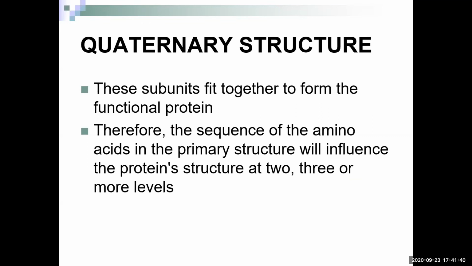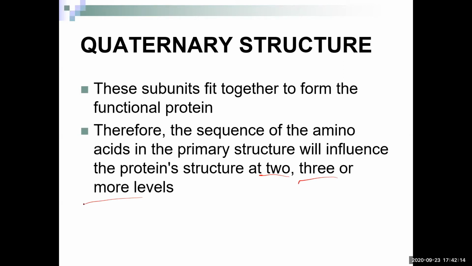So the quaternary structures are made up of the tertiary structures, which we call subunits. Those subunits fit together to form the functional protein. Therefore, the sequence of the amino acids in the primary structure will again influence the protein structure at the secondary, tertiary, or even the quaternary structure.